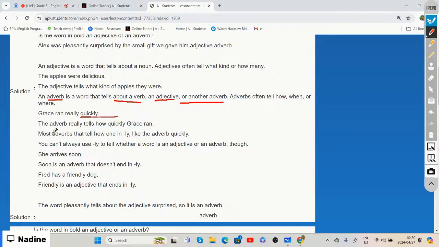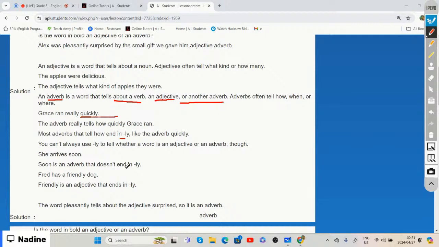Most adverbs tell us how, and they end in ly, like the adverb quickly. Quickly tells us how Grace ran. You can't always use ly to tell whether a word is an adjective or an adverb.